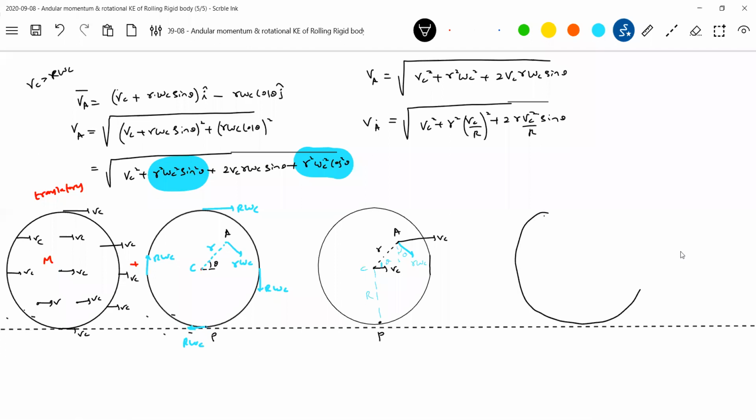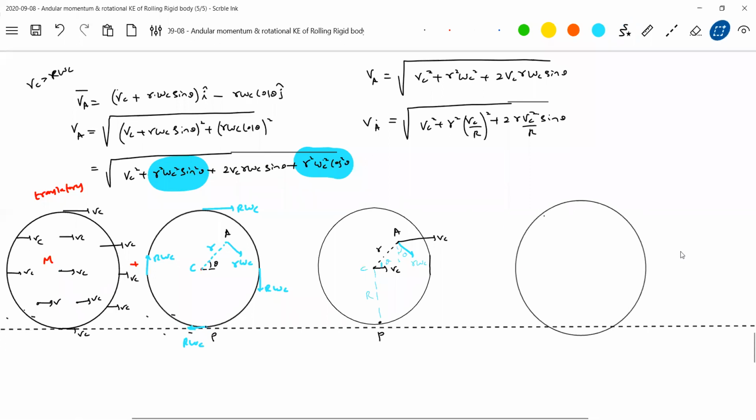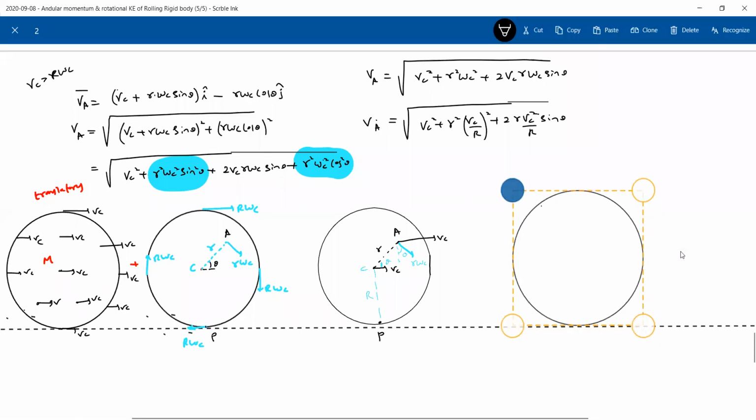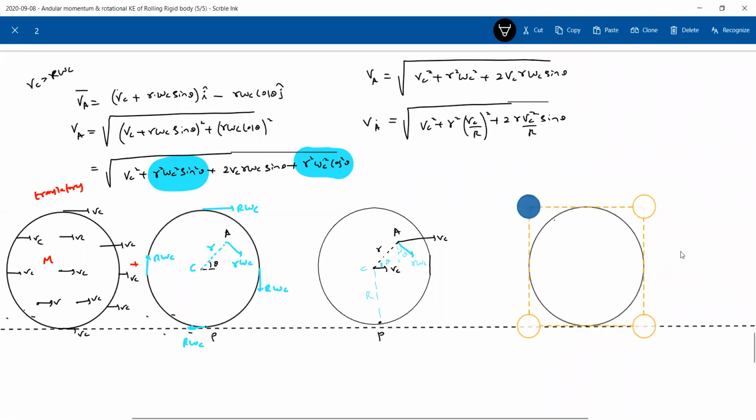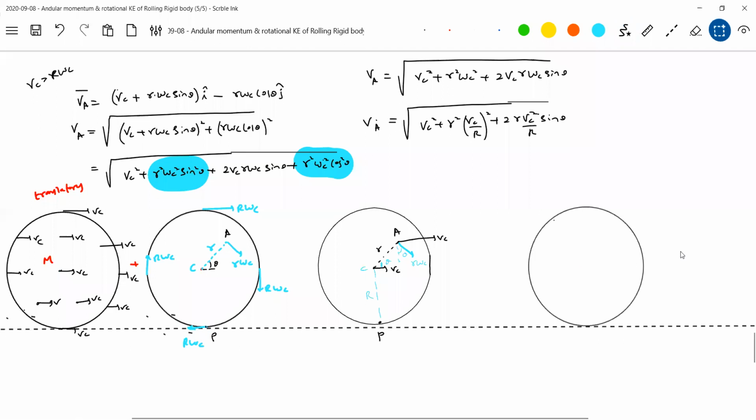So let's go for the velocity of several points. What is the velocity of the center of mass?